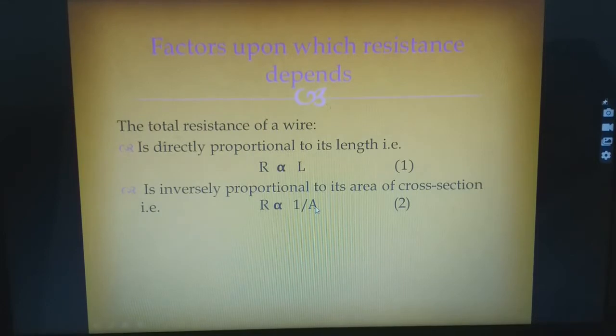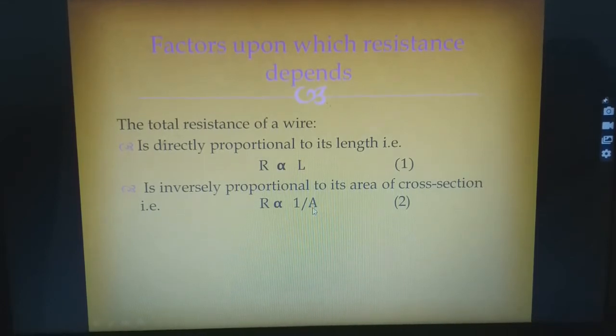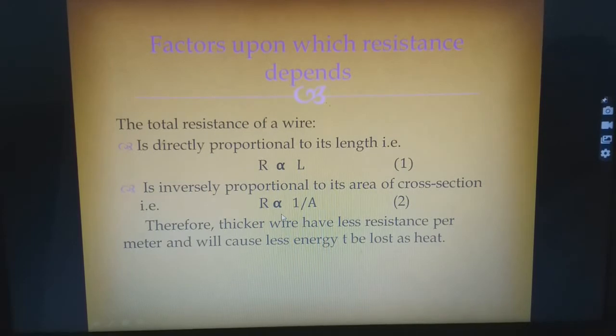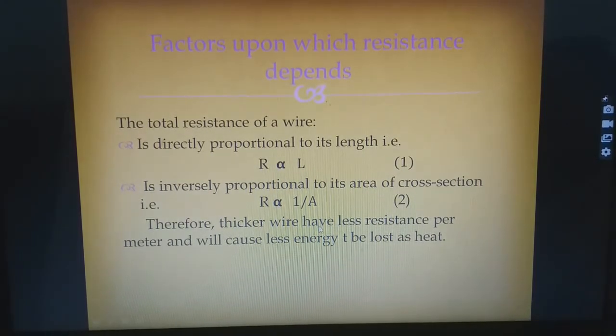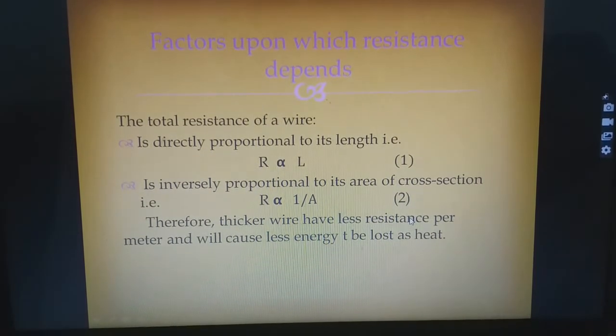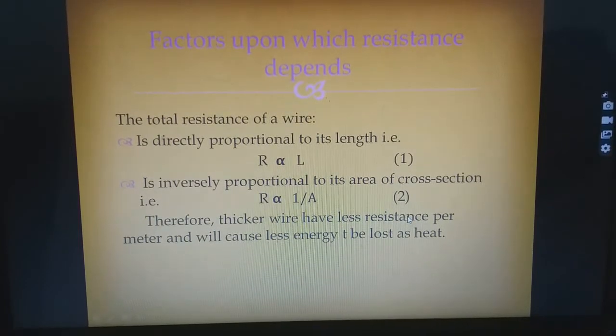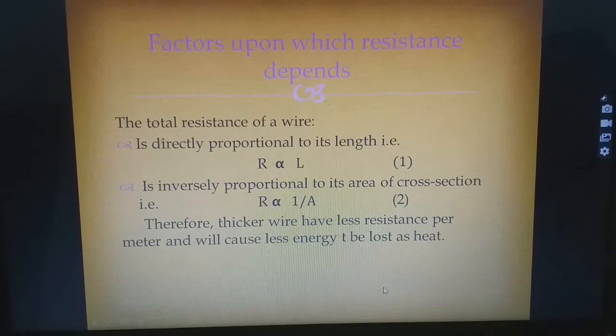So there is an inverse relation between the diameter and resistance of the conducting wire. Therefore, thicker wires have less resistance, because thicker wire means diameter is more, it offers less resistance and will cause less energy to be lost as heat.